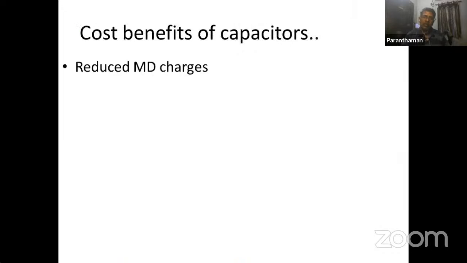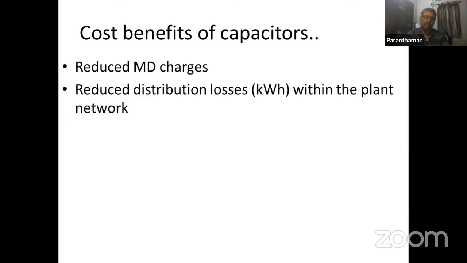What are the cost benefits of capacitors? The maximum demand charges will come down. Within the plant, yesterday we saw nearly, I think it was 10% loss. I think we saw within the power plant. Sorry, this is the factory for the distribution switchgears.